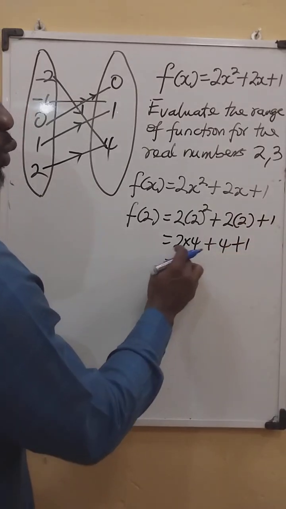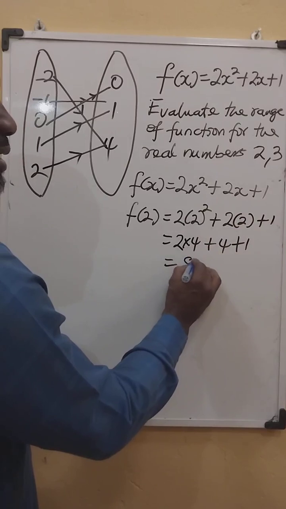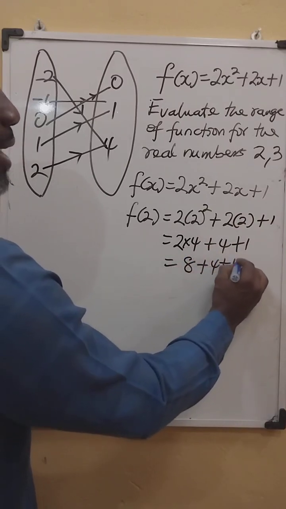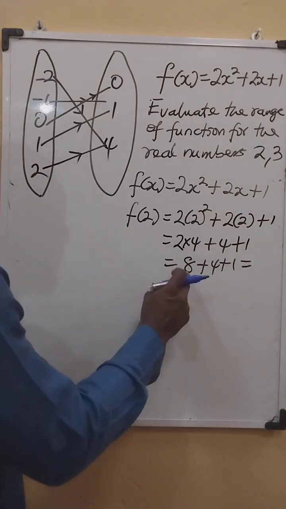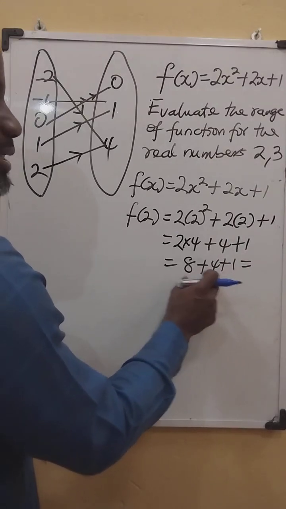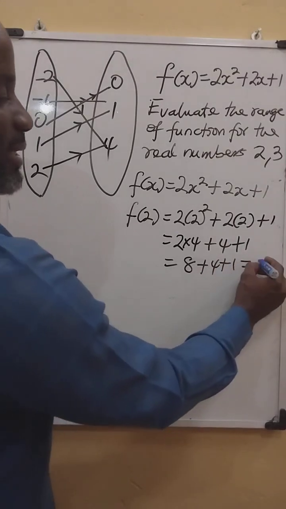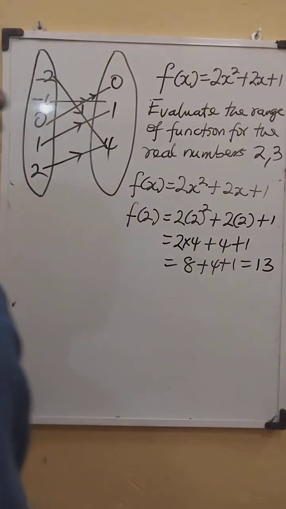That's 2 times 4, which is 8, plus 4 plus 1. 8 plus 4 plus 1 is 12 plus 1, 13. So your final value there is 13.